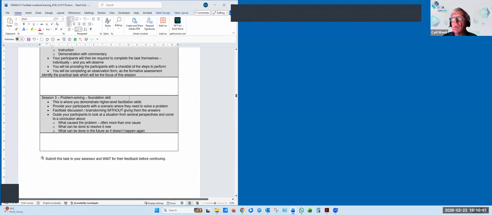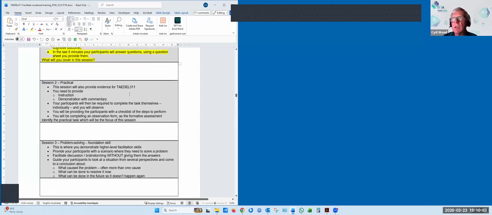So the second session is practical. Now, when we talk about practical, it can be things like they have a scenario that they have to discuss and put down a solution, or it can be a role play, or it can be doing CPR, or in the case of my IT thing, it could be they're looking for identifying threats and looking up what the common threats are, or using the computer and writing down the details.